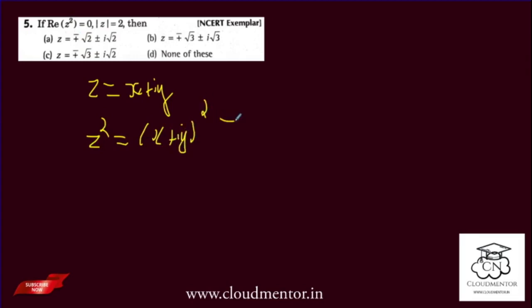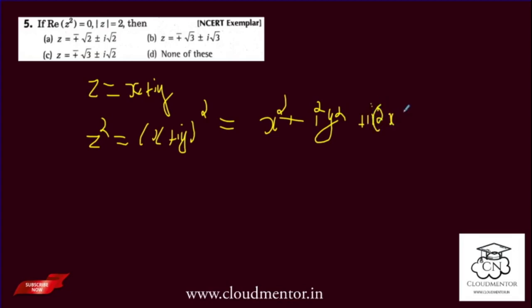So expanding, we get x square plus i square y square plus 2xy i.